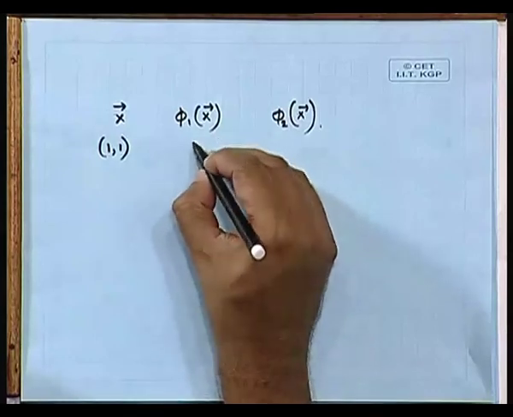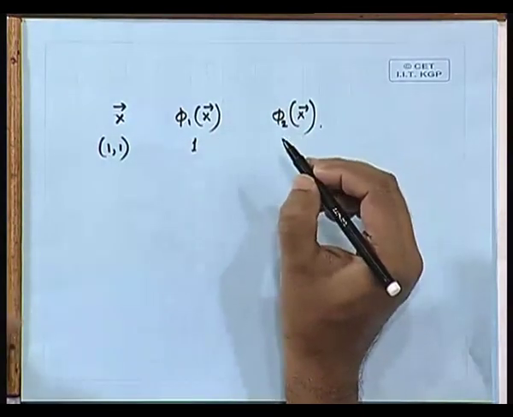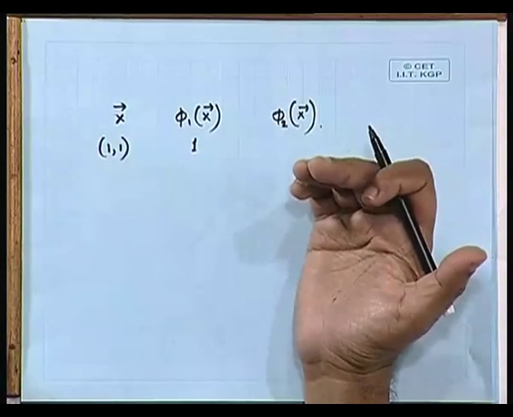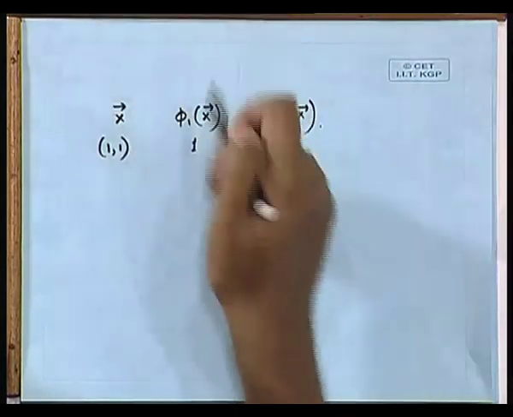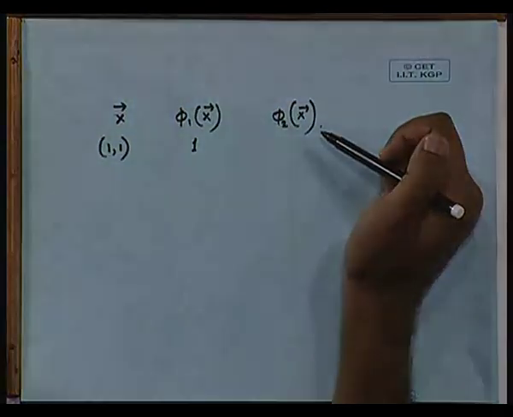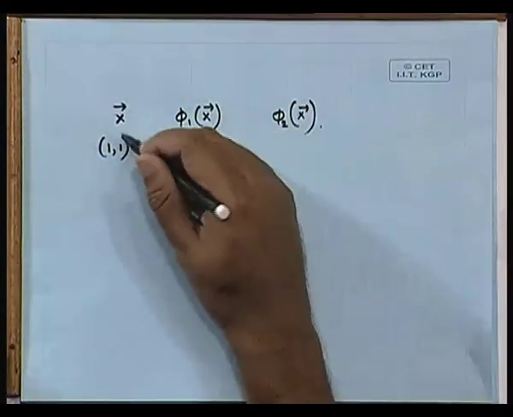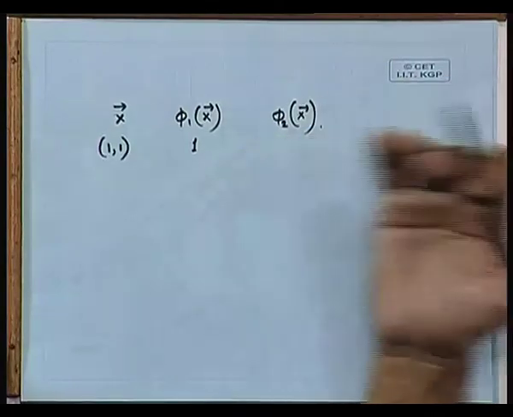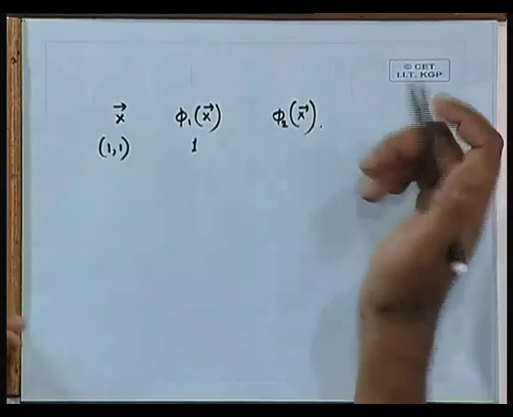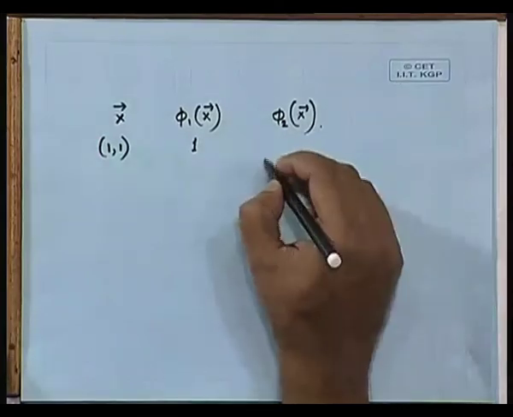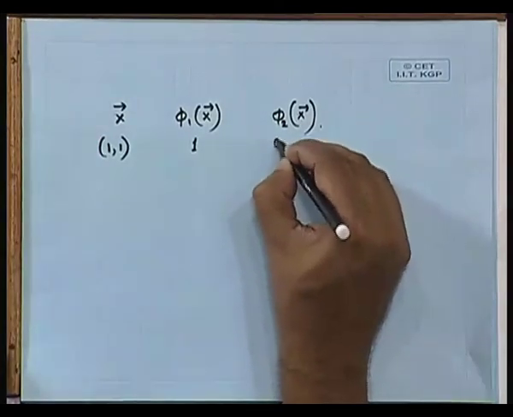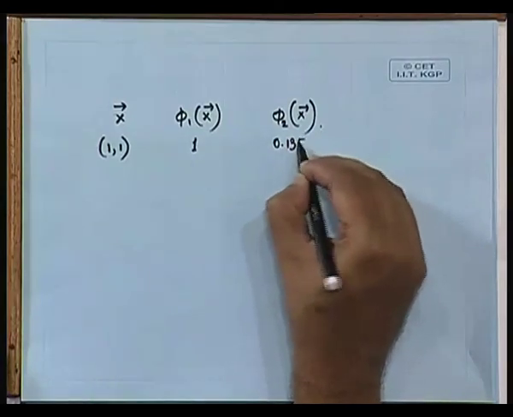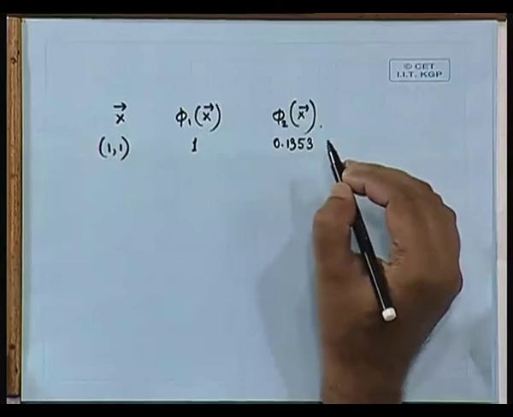So, this is equal to 1, and phi 2 will be a value of course other than 0, other than 1, because x vector becomes equal to 1 1 and the T2 vector is 0 0. So, there will be some real value that is computed, and in fact, if one takes a calculator, it is possible to calculate that phi 2 x is equal to 0.1353.